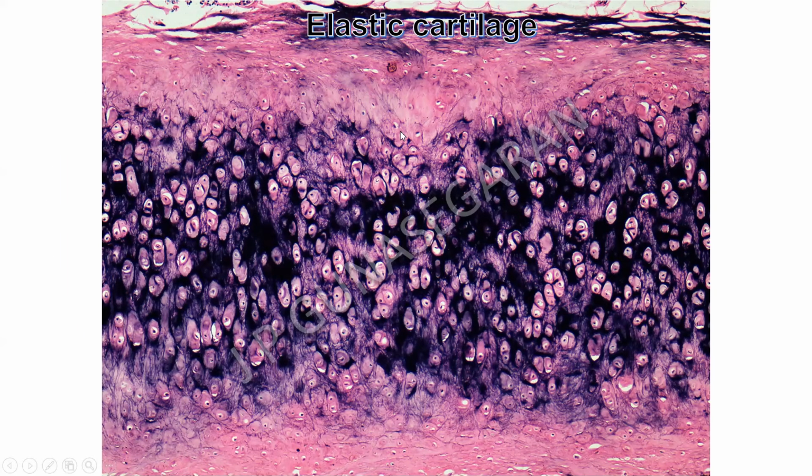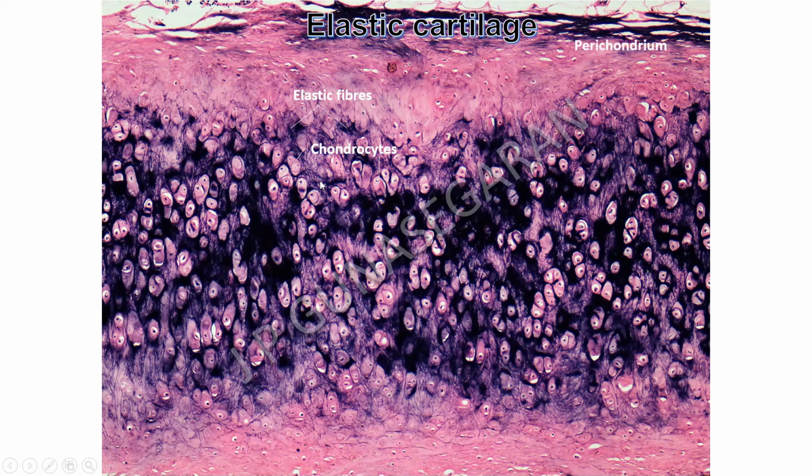This is a section of elastic cartilage under low power. It is stained specially for elastic fibers, which appear blue to black. The presence of elastic fibers is a characteristic feature of elastic cartilage. You can also see more numerous chondrocytes with eccentrically placed nuclei.